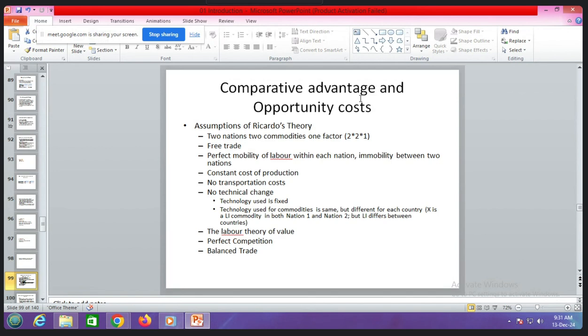So today we are going to do the constant opportunity cost. We are restating the comparative advantage in terms of opportunity cost. Now, this is an extension of the comparative advantage theory in terms of opportunity cost.